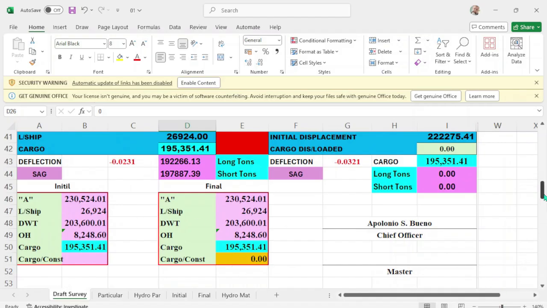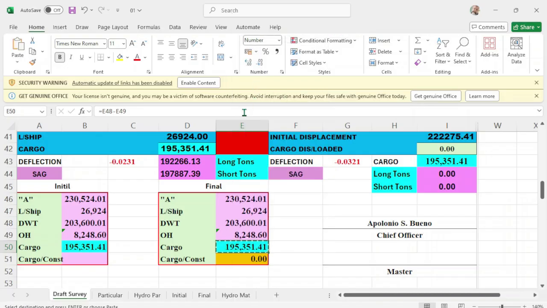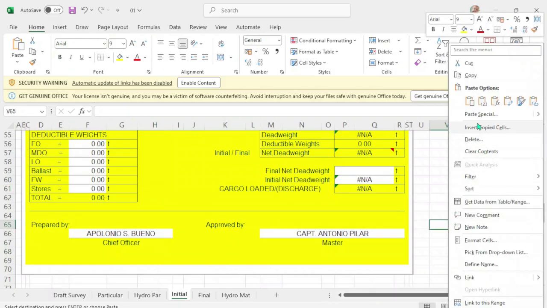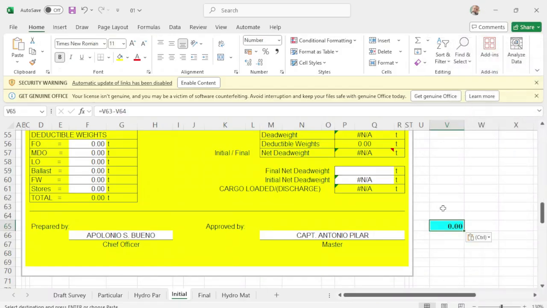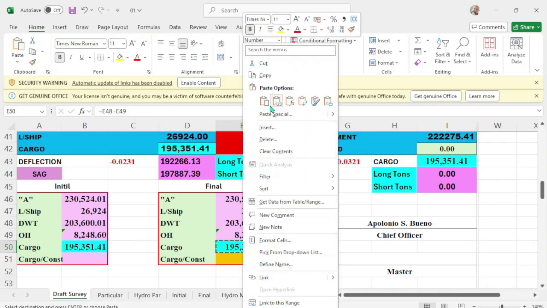So okay, take note. We will take out this cargo. Copy. I'm going to put it here. Then you use it here. Okay. Just put it here somewhere else. Copy.